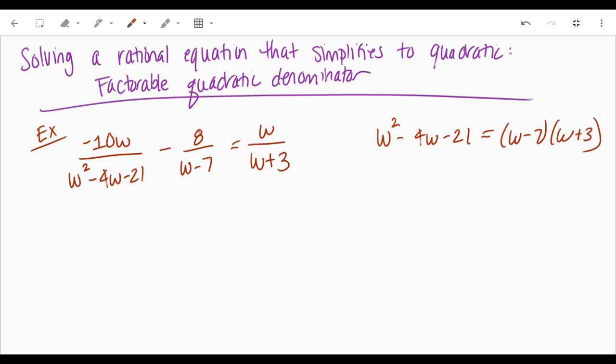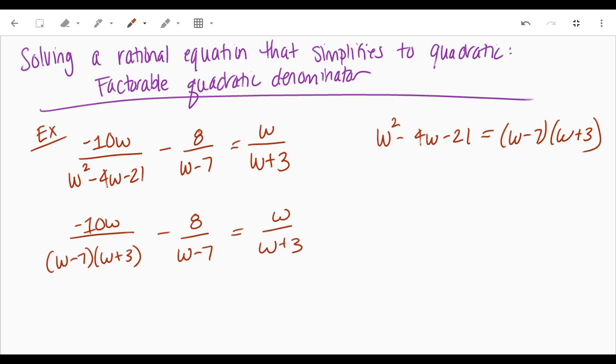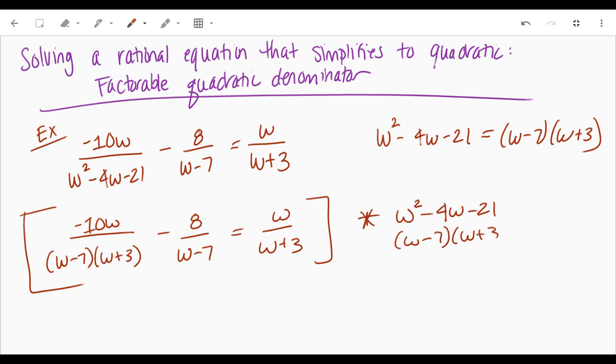So we would have negative 10w over w minus 7 times w plus 3, minus 8 over w minus 7, equals w over w plus 3. So if you remember, we can clear our fractions by multiplying everything by w squared minus 4w minus 21, or that w minus 7, w plus 3.